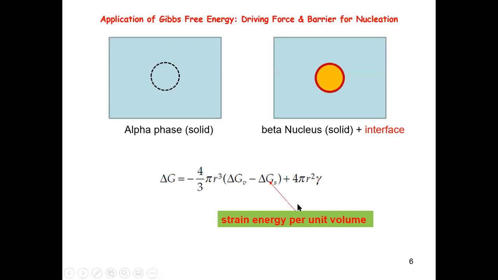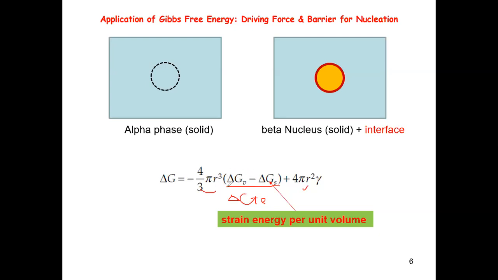And basically what you see is that this is the strain energy per volume. If you look at this equation, you can actually combine these two terms all together. We call this delta G effective. So the overall free energy difference can still be written as a volume term and a surface term, and the volume term has two different sources.